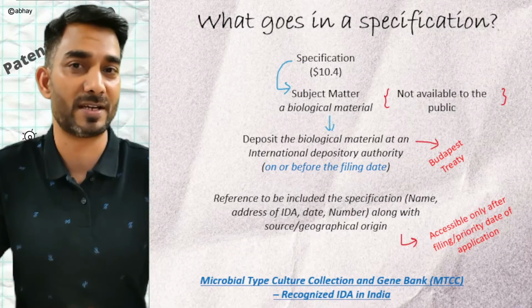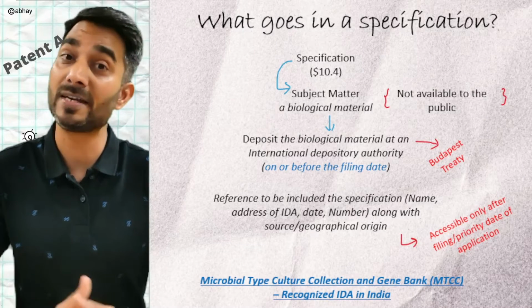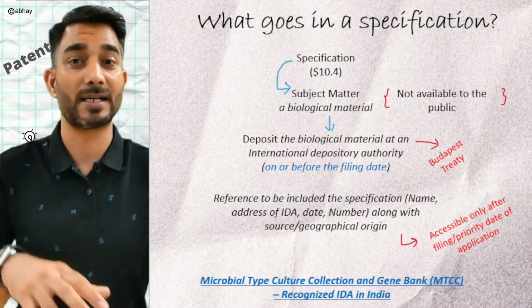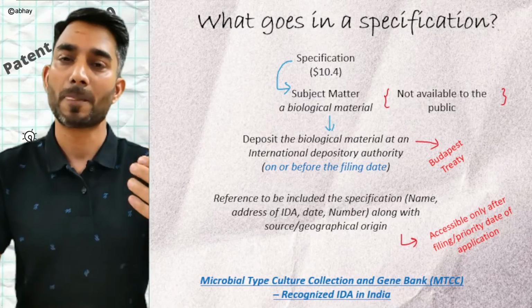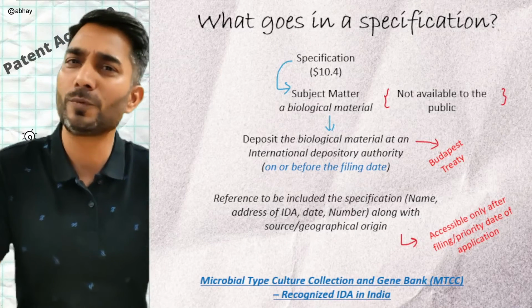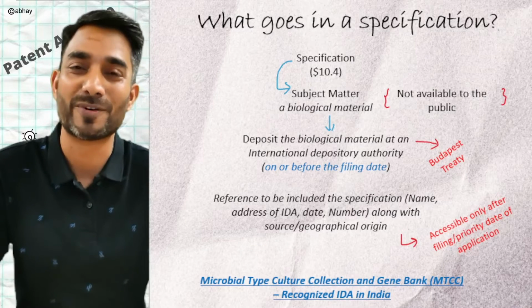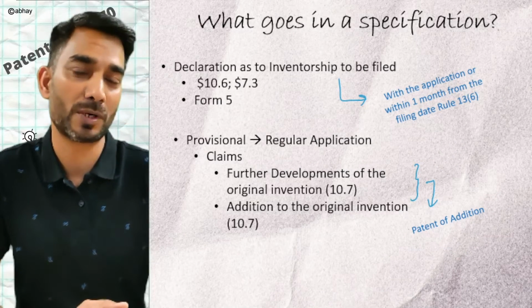Apart from this, there are other requirements also which we have already discussed during our discussion of section 7, where in case the inventors are not the applicant, then a declaration has to be provided by the applicant that as per my knowledge, such and such folks are the true and first inventors. What form do we use for it? Form 5. So section 7.3 had already told us about it.